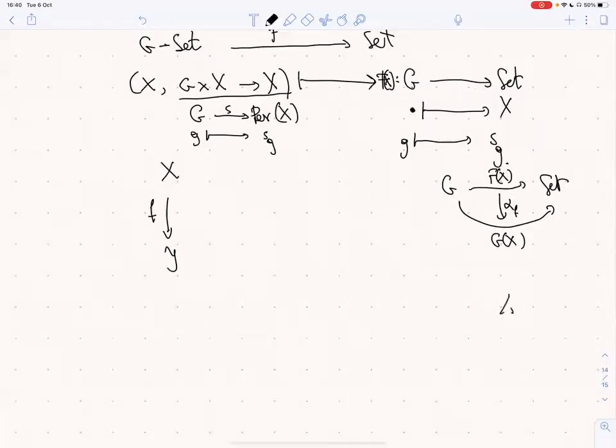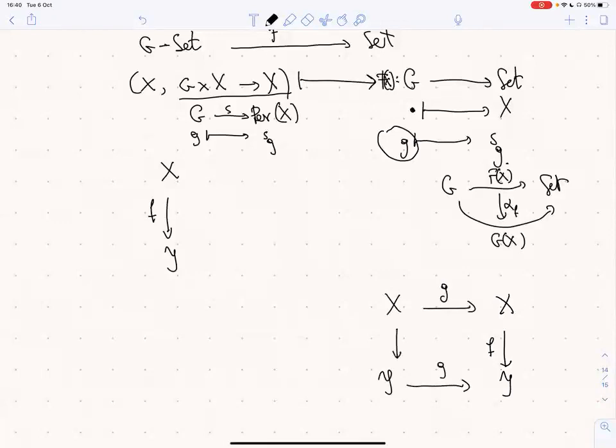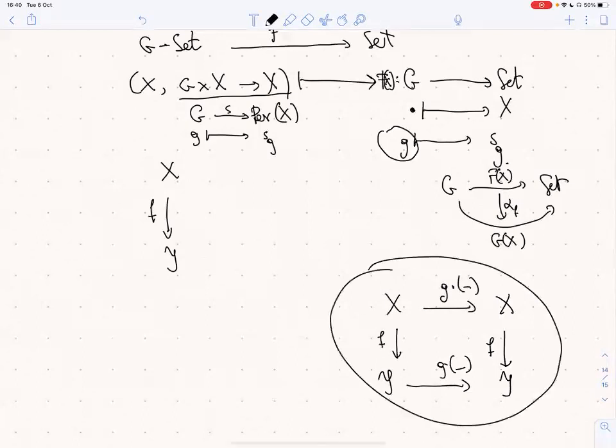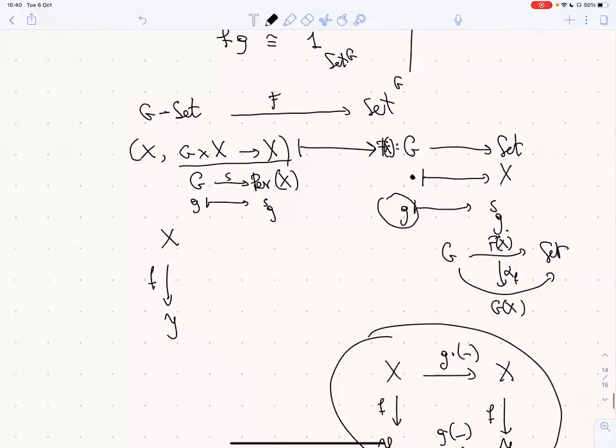It's just a function from X to Y such that when I look at the action of G on f, yes, I will write it down. This diagram must commute. But this is precisely the same as saying that f was equivariant. And so we get this functor which goes from here to here.